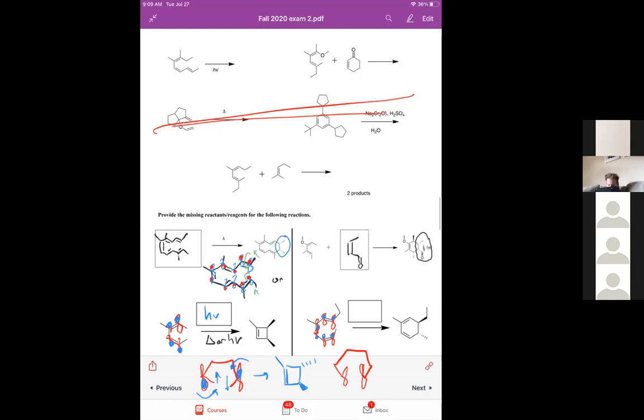They are both on the top. That is going to push this one up and this one down, which would give me the correct answer, which means heat is the answer for this one. Any questions on this page?